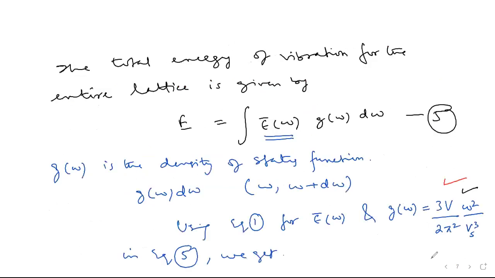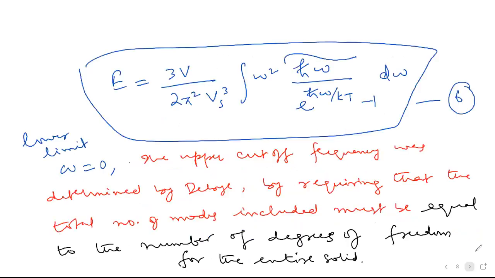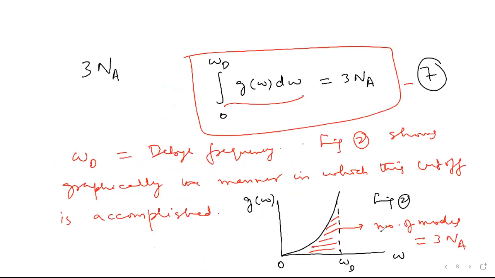Then we used this expression to find the total energy according to Peter Debye, where this average energy per oscillator was same as taken by Einstein, but now we use the idea of density of states, which we have already calculated. Then to solve this integral, we needed lower and upper limit. Lower limit was obvious, omega 0. Upper limit was decided by Peter Debye using this cutoff procedure, where he said the total number of modes should be equal to total number of degrees of freedom.